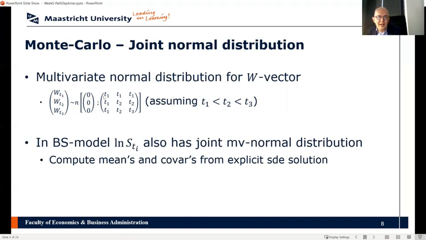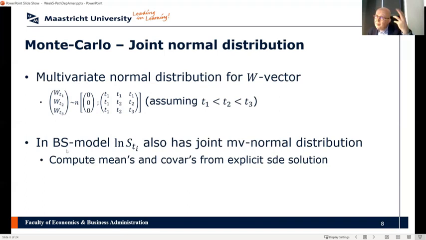So in the first row and first column, T1 is the smallest element. Then in the second row and column, T2 is the smallest element. And only in the bottom value, T3 is the smallest element. So for any type of model, we can always draw a vector of Brownian motion values directly from the multivariate normal distribution.